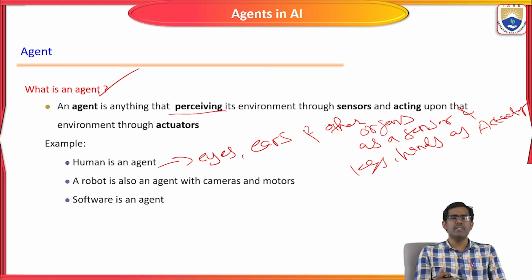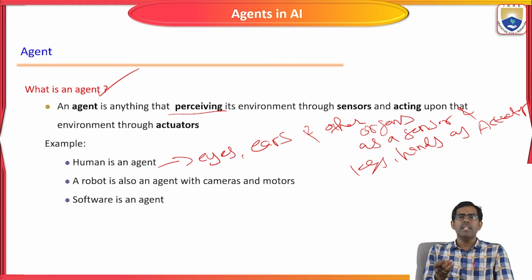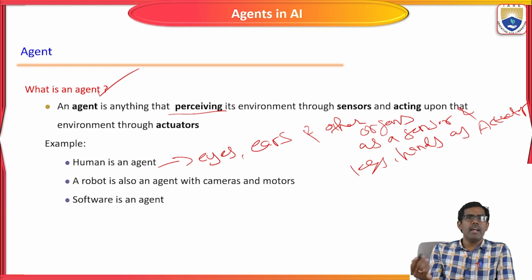What we sense through our eyes and ears, that information is transferred to the actuators. Actuators means legs and hands, which will act based on that information. Okay, so legs and hands act as actuators. So that is the first example of the human as an agent.